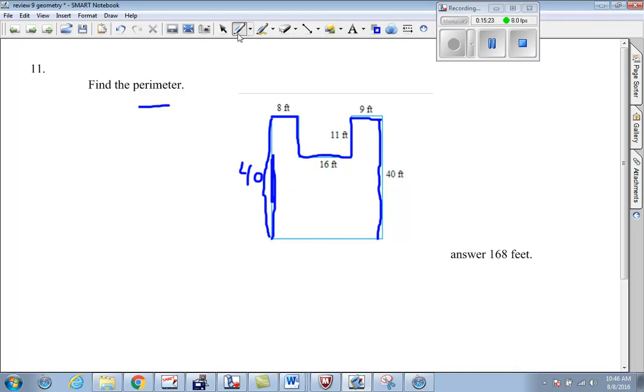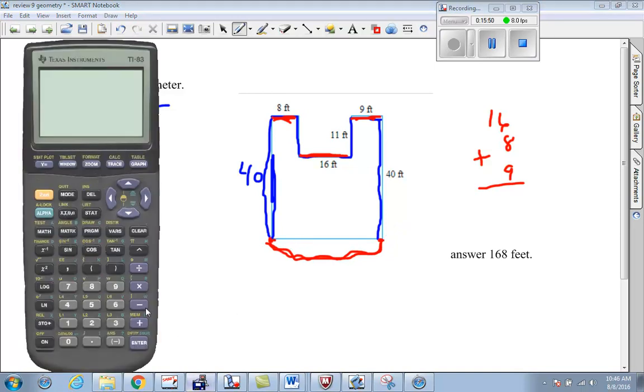And then we just need this bottom piece, but we have to think about it. Well, 8 plus 16 plus 9, take all these horizontal distances. Makes something, and whatever that something is, it's the distance from here to here. So this plus this must make this total distance. All right? So let's get ready to add all of these pieces of information.